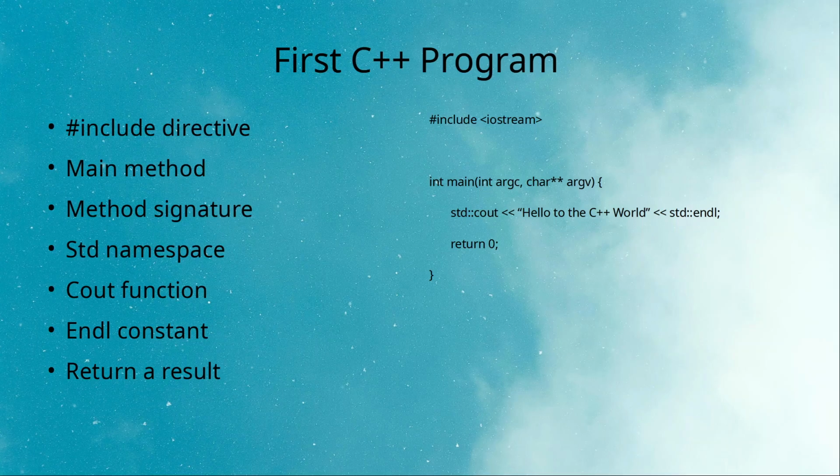So the main method has this syntax: int main and then parenthesis. There are some strange looking parameters inside. We don't need to worry about these for now. For now, I'll ask you to just accept that as they are. We will be going over them in later sessions.